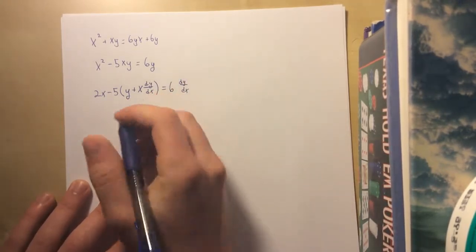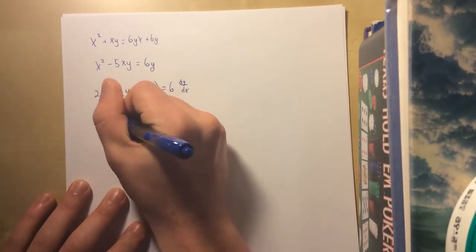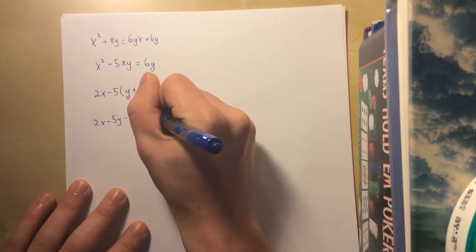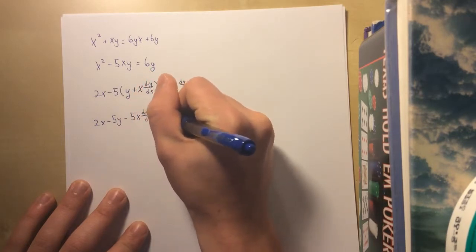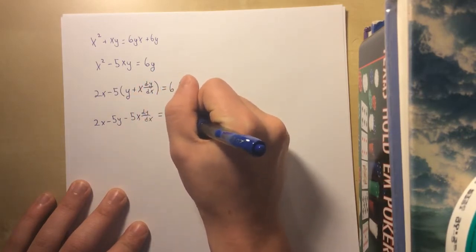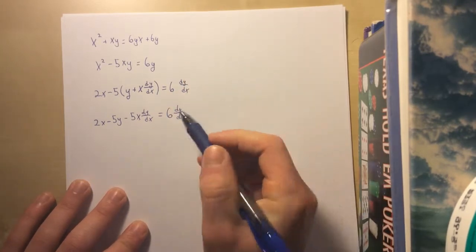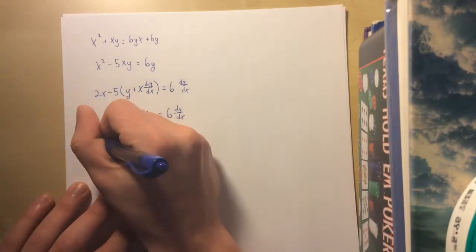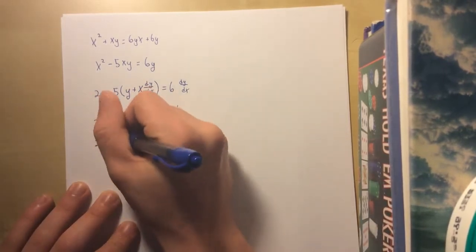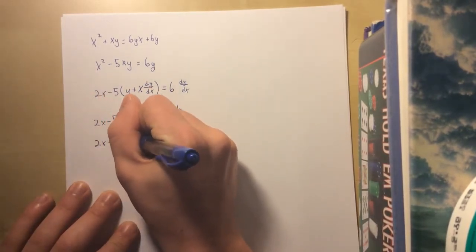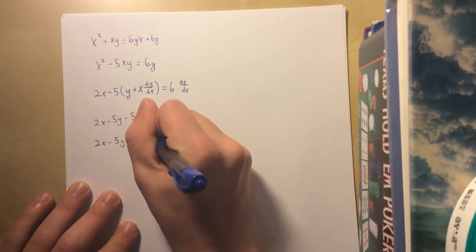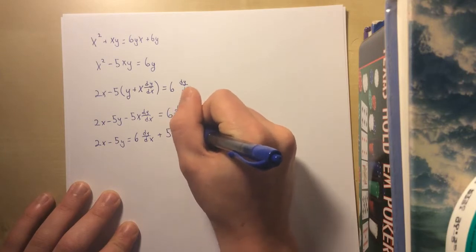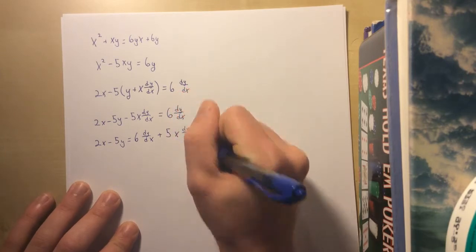Now we take care of this parentheses: 2x minus 5y minus 5x dy dx equals 6 dy dx. And now we're going to move the dy dx's to one side and the non-dy dx's to the other side. 2x minus 5y equals 6 dy dx plus 5x dy dx.